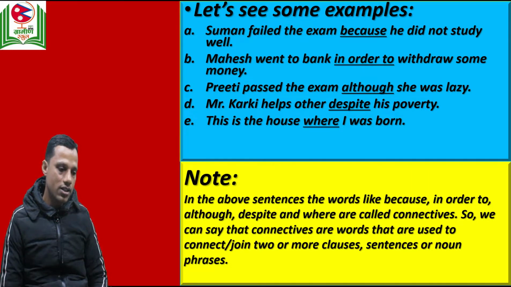Or let's say the sentences. So we can say that connectives are words that are used to connect or join 2 or more clauses, sentences, or noun phrases. Did you get the idea? Yes. Now let's move ahead.